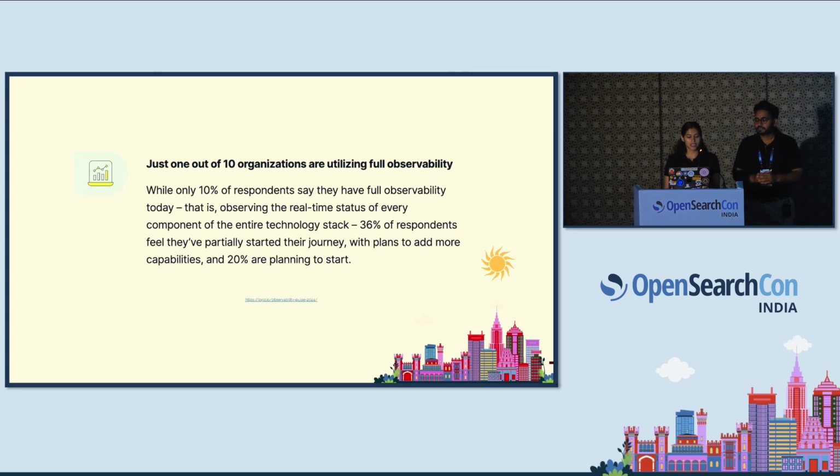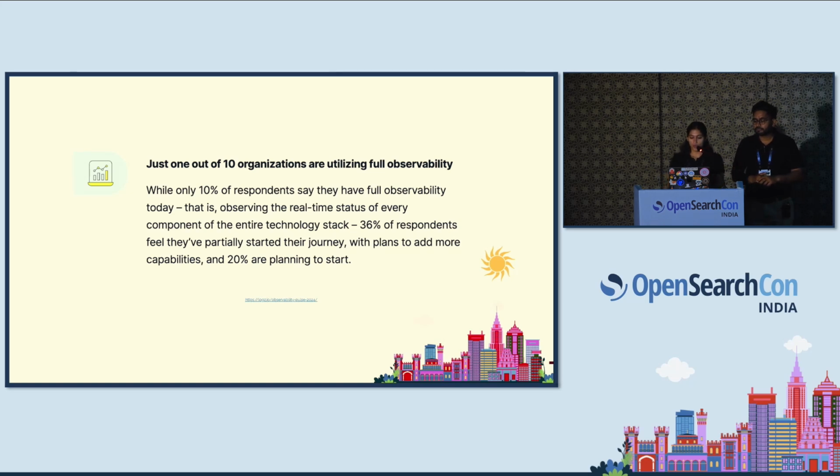So only 10% of companies are completely using observability. People are still lagging behind, and this is why we are not able to detect different kinds of issues at an early stage.